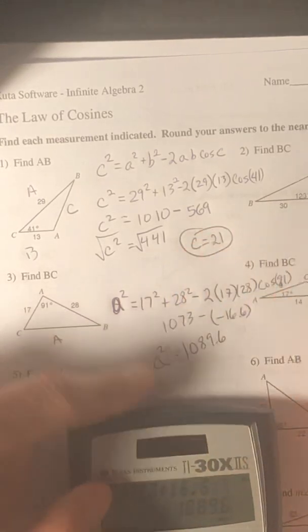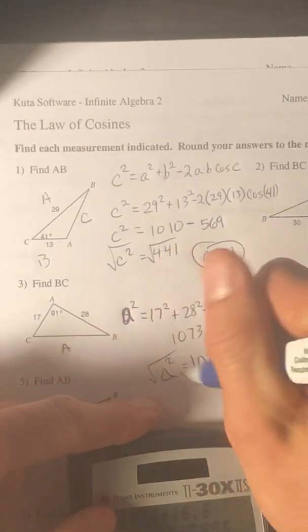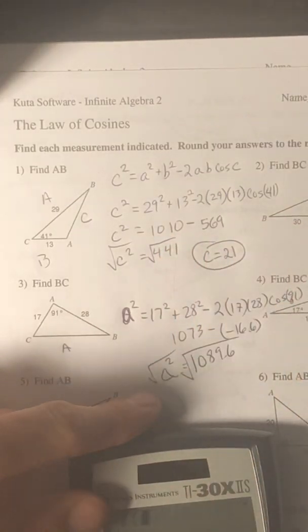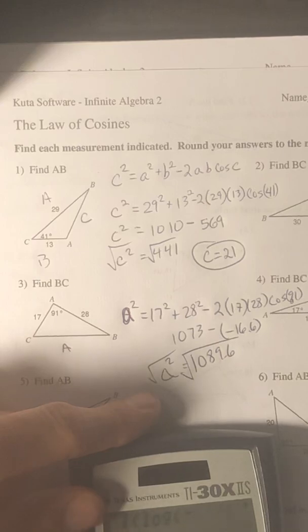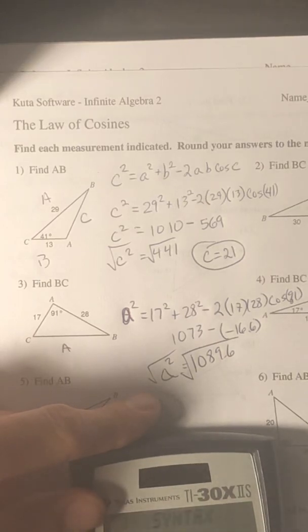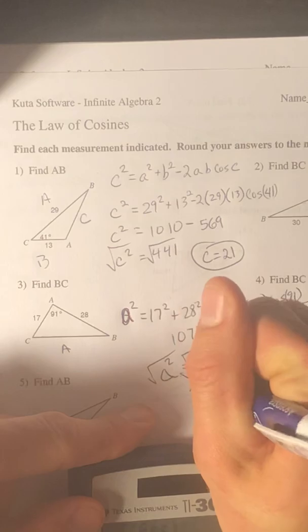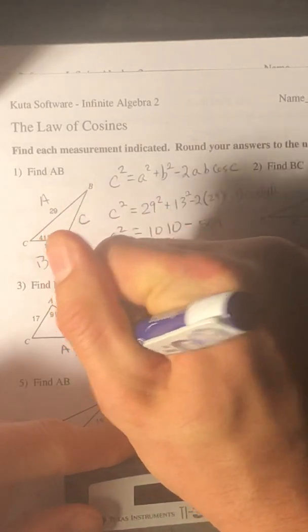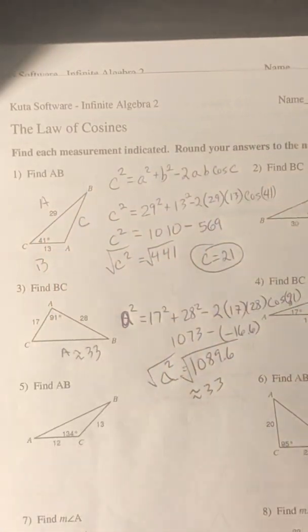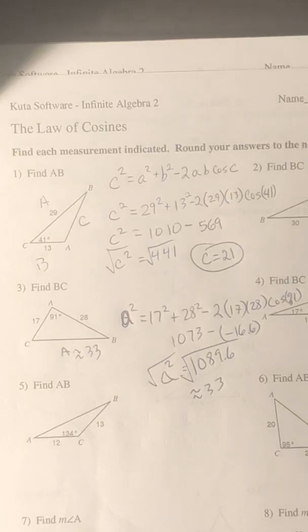And that's equal to a squared, so I'm going to have to take the square root of it. And that's 33. So a is about 33. Okay, hopefully that helps a little bit.